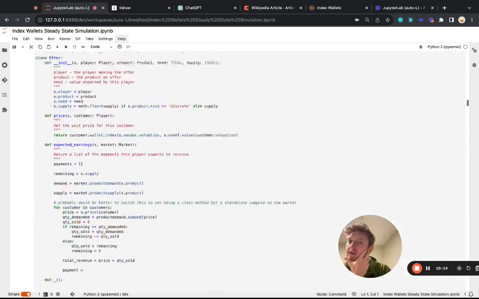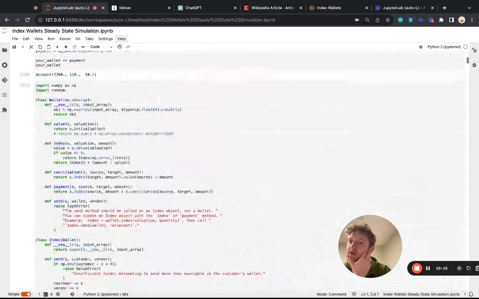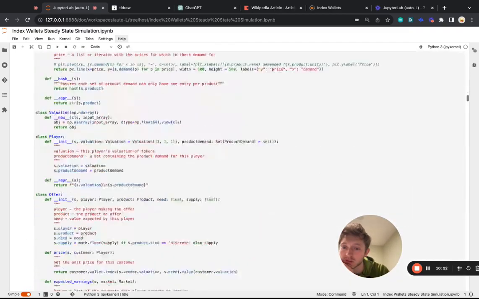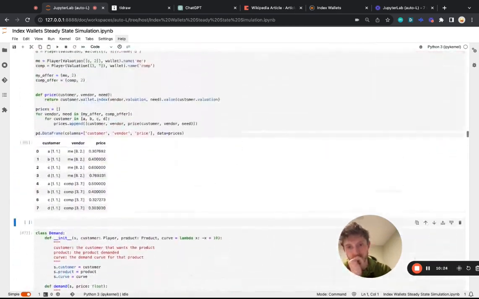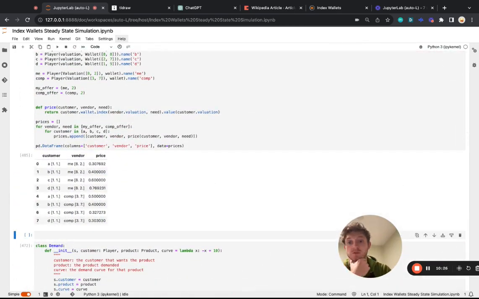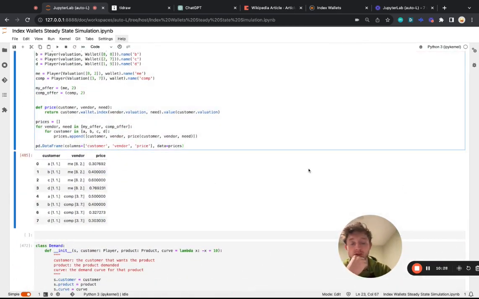Does Wallet have a get price function? No, it doesn't. I don't know. That might be useful.